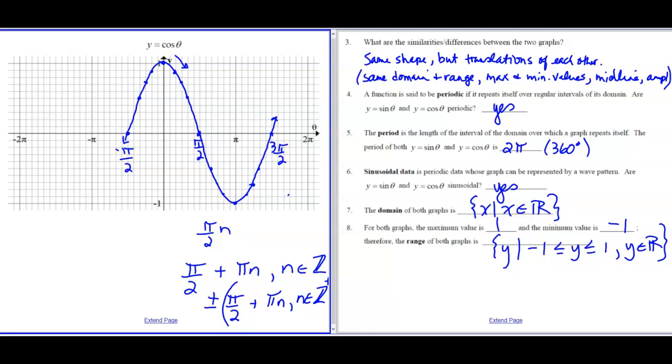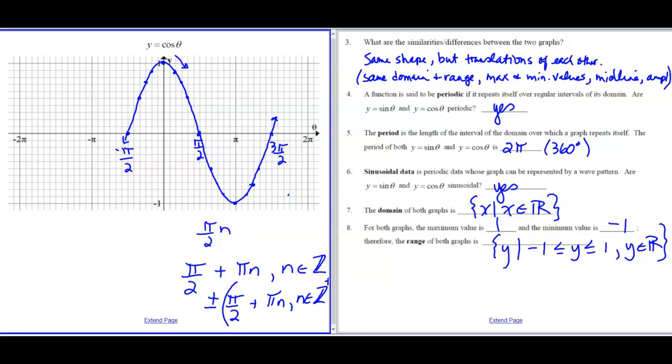So what I do is I always look at the first positive, write it down, and then think about what I keep adding, because it's periodic. It's going to be the same amount every time. In this case, it's pi each time, so multiples of pi. You can also say n plus 1/2 times pi, because you just factor out pi.